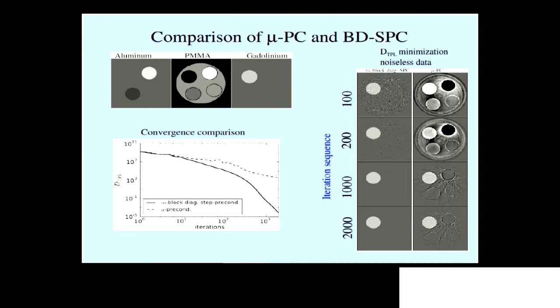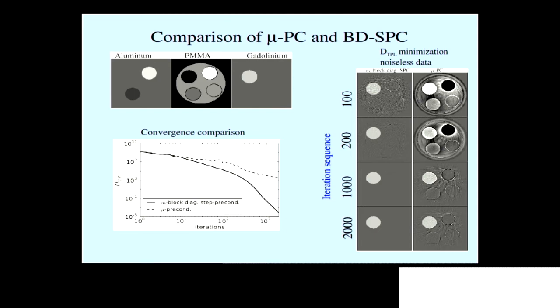Here I just show a very short summary of a simulation that we did, which involved a 3 materials decomposition, where we have a rods phantom involving aluminum and PMMA and a vial with gadolinium in it. All right. With the old algorithm that I showed you the 2 materials results for, the convergence of the algorithm was much too slow.